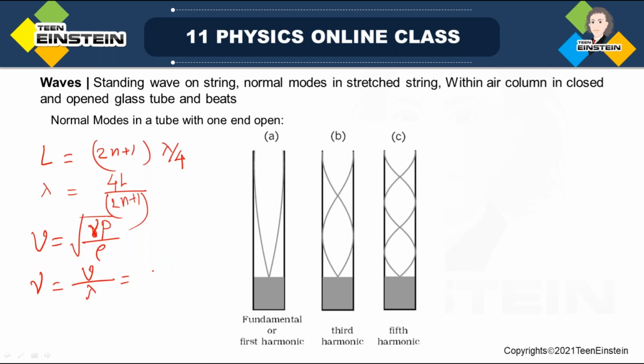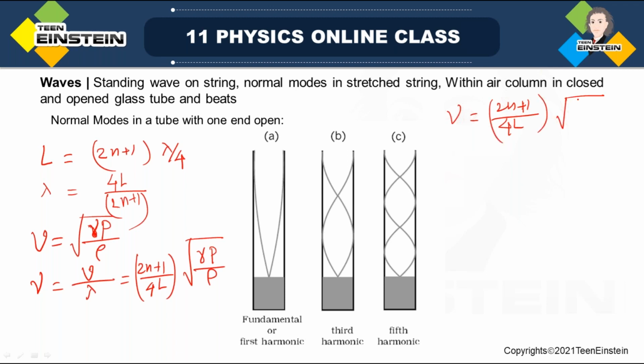So we'll write here (2n plus 1) by 4L, this is the factor along with the speed, square root of gamma P by rho. So this is the expression for the frequency. Look here, I'll rewrite (2n plus 1) by 4L times square root of gamma P by rho.